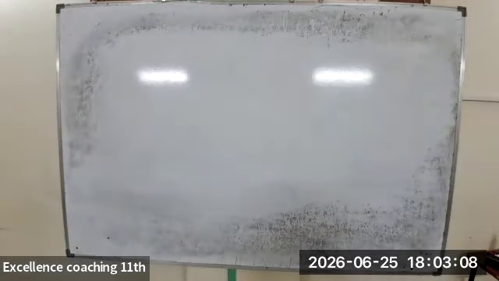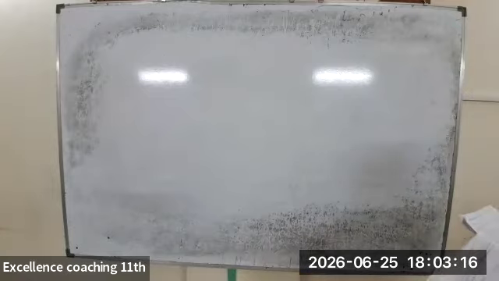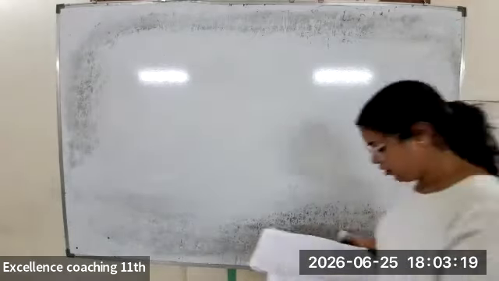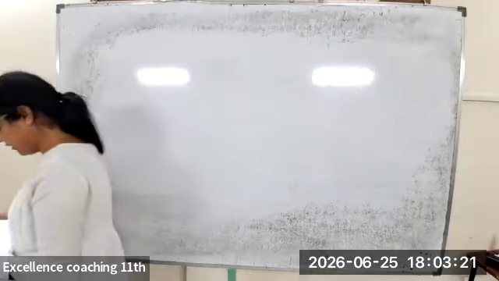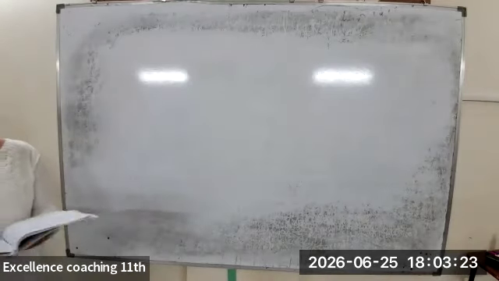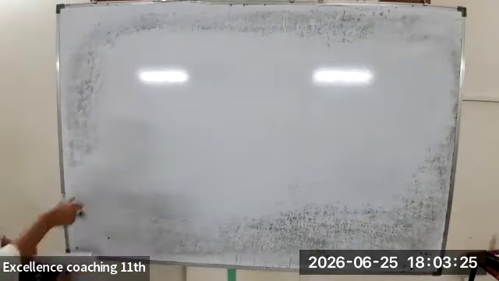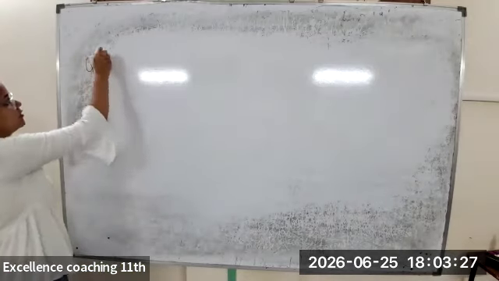Okay, so try solving question 9. So what does it say? We have to calculate the energy of 1 mole of photon of radiation whose frequency is 5 into 10 raised to 14 hertz. So what are we given?